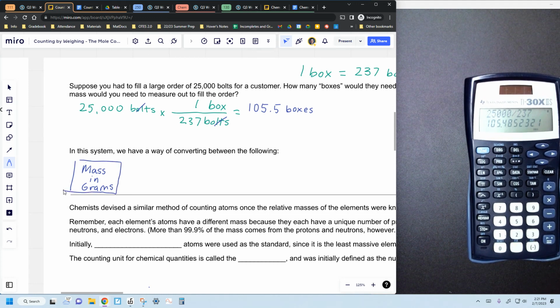Thank you. All right, so real quick. I can measure mass in grams, right? I can convert that to quantity in boxes.